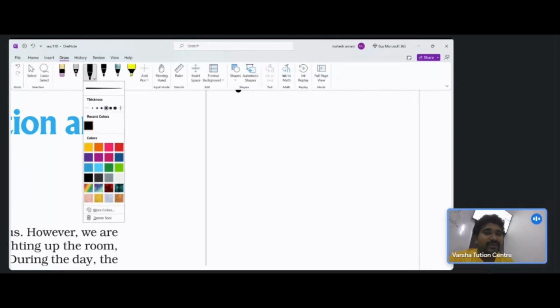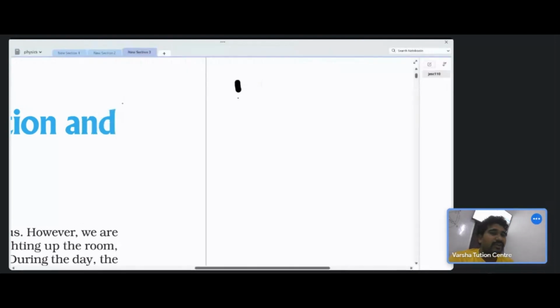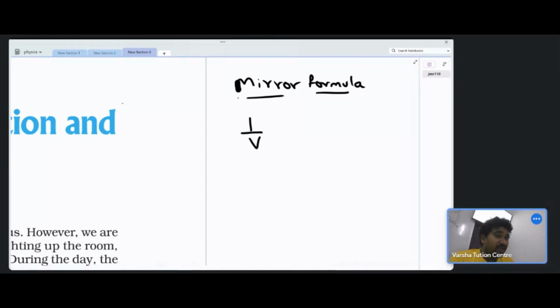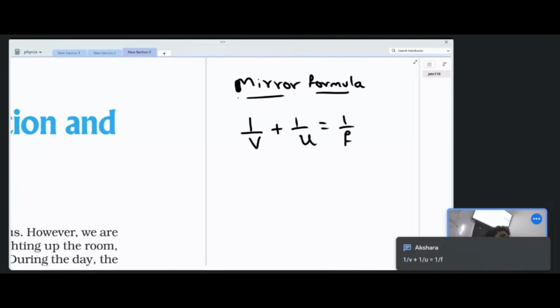Mirror formula: 1 by v plus 1 by u is equal to 1 by f. You know the formula. Good. At the same time, you should know what is what very clearly.